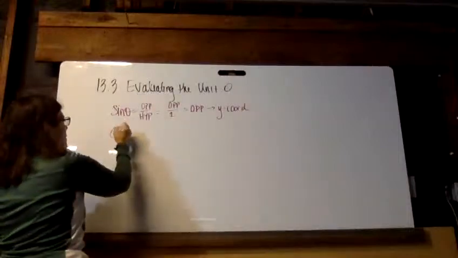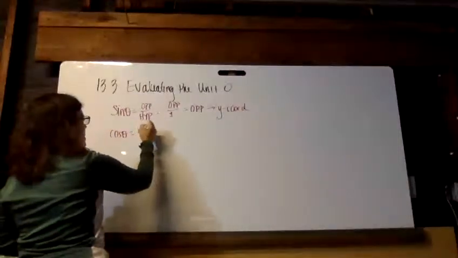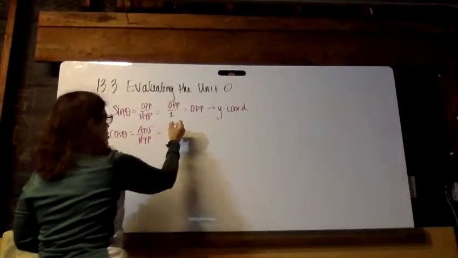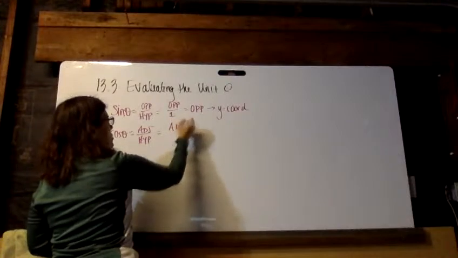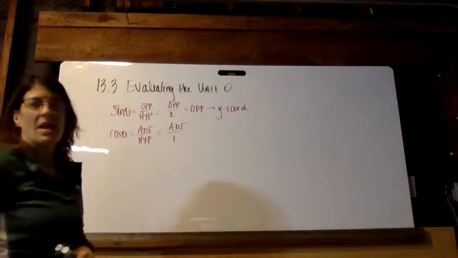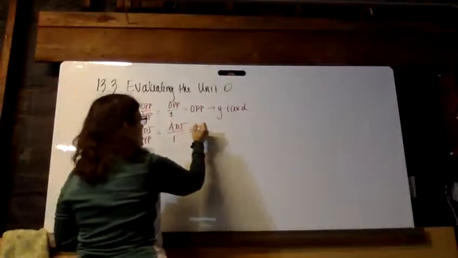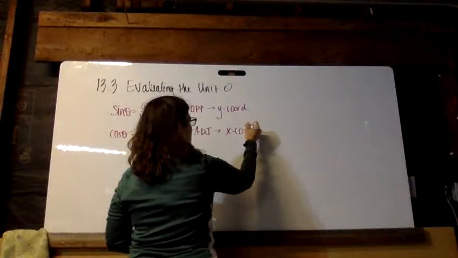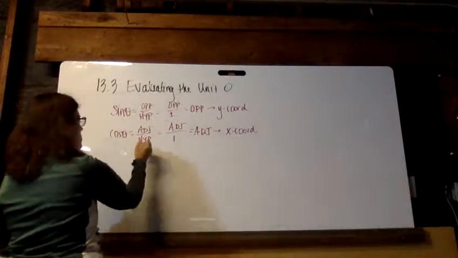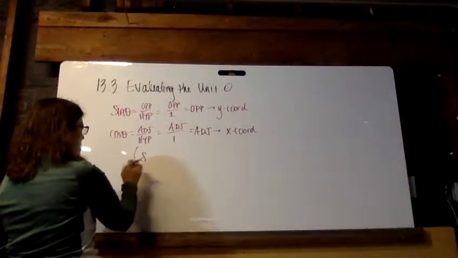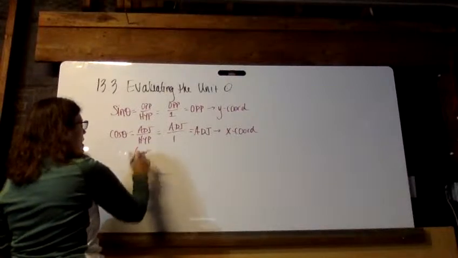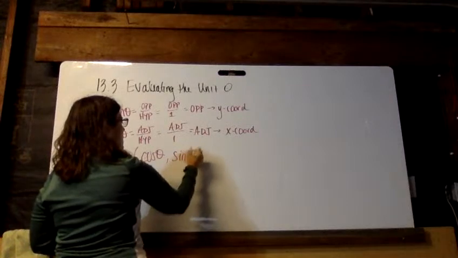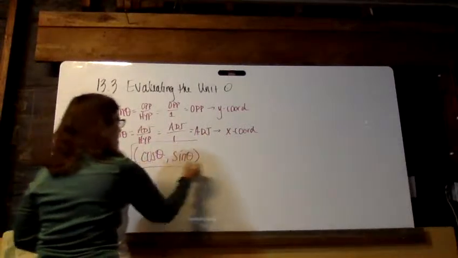And then you have the cosine, which is adjacent over hypotenuse. But the hypotenuse is 1, which leaves you with the adjacent side, which is the x coordinate. So on the unit circle, x coordinate is cosine and the y coordinate is sine.